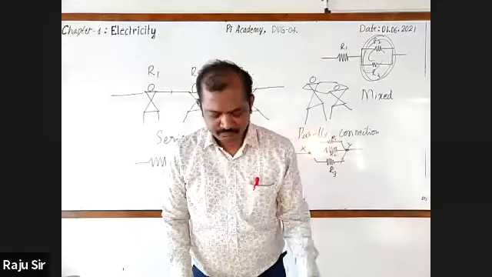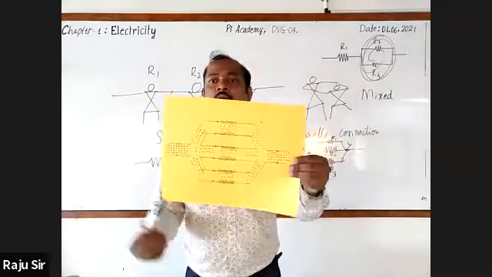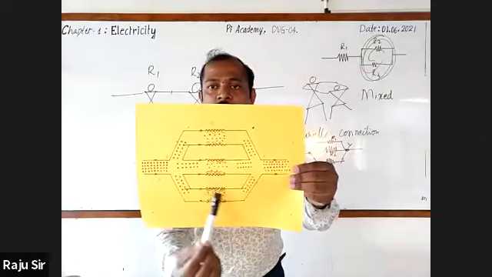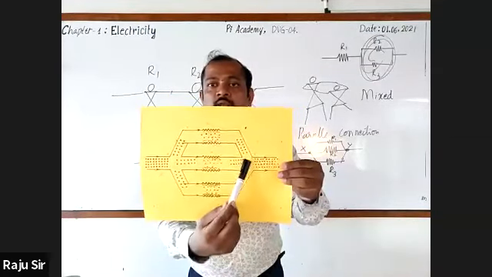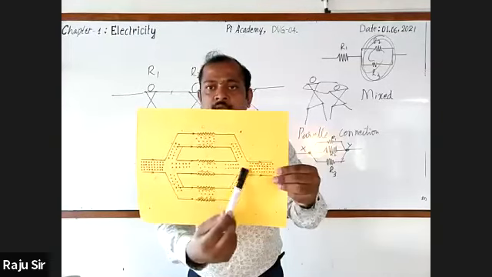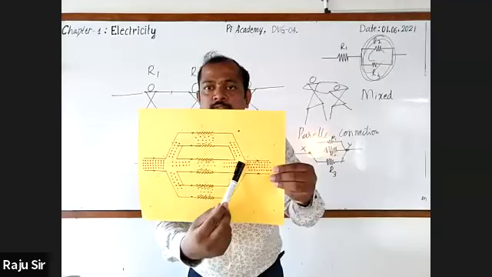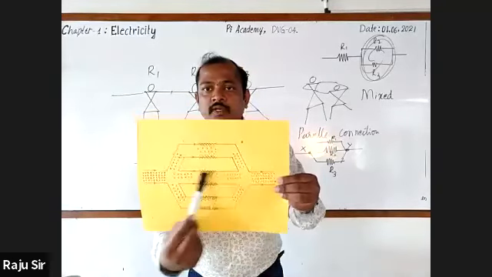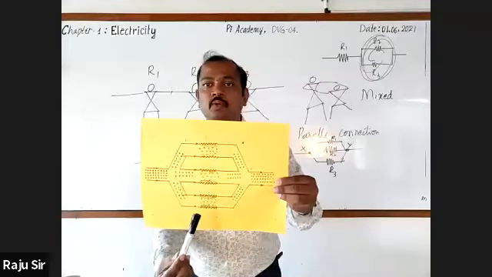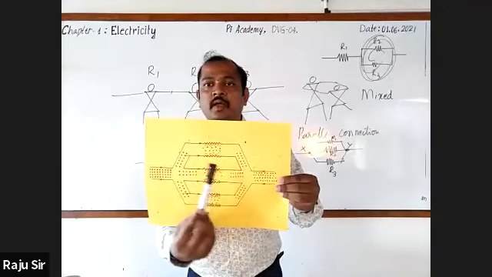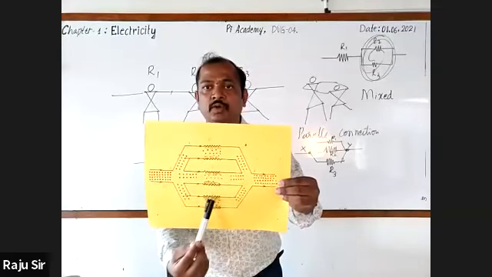Whereas, look here, I have shown 3 different paths. You can go to any of these 3 paths from this point, here, here, as well as here, and all these 3 are parallel to one another, because from the starting point, you can go to all the 3 roads.